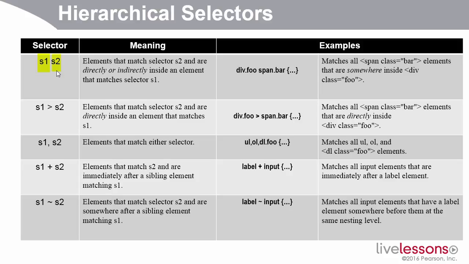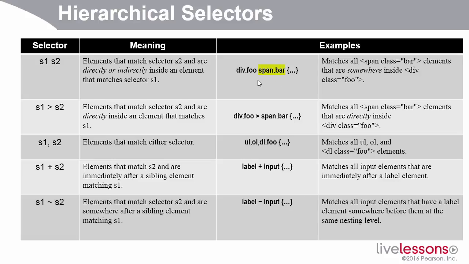But only if the second pattern is inside something that matches the first pattern. Not necessarily directly inside, but inside. So here's a quick example. If I say div.foo space span.bar, that means that it applies only to spans, but spans that say class equals bar.